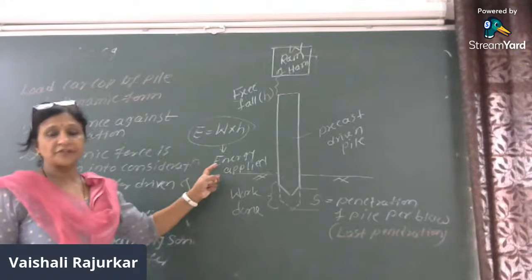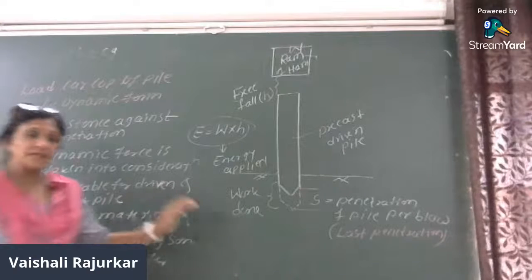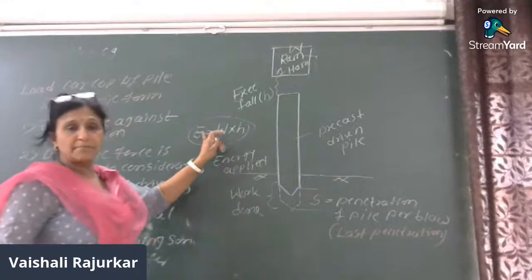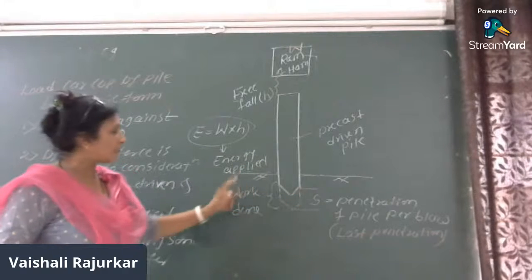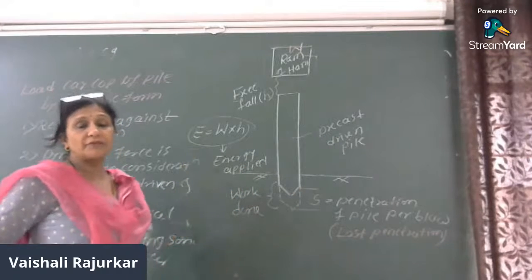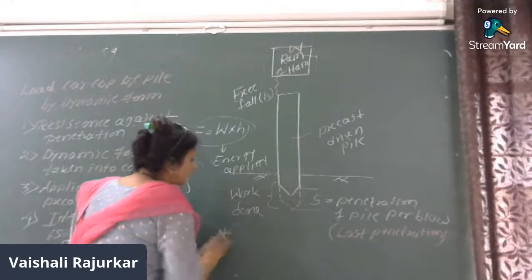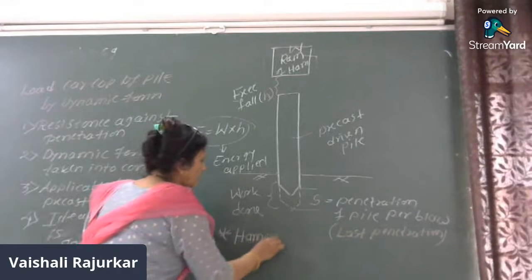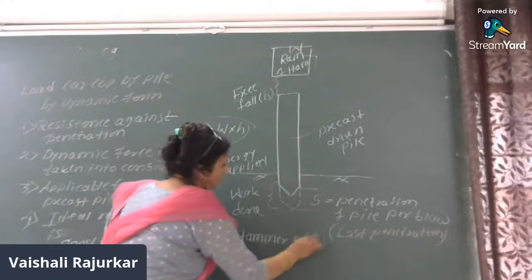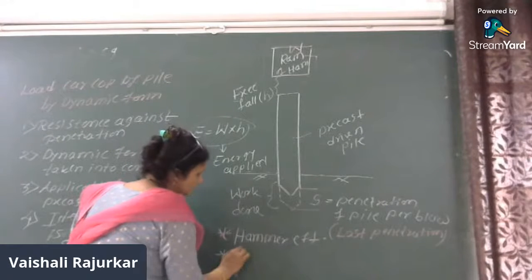So these are the different parameters that we have to take into consideration. Now with this, there is the energy imparted on the pile. Then there is a penetration which is in the form of work done. Then one of the very important terms that we have to take into consideration is the hammer efficiency, the efficiency of hammer blows.